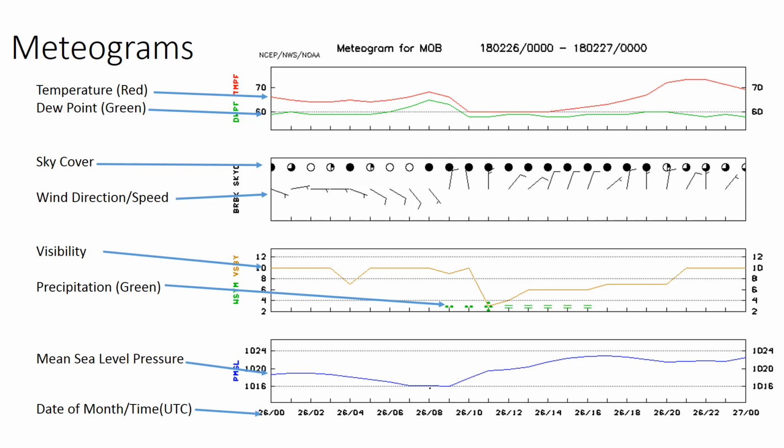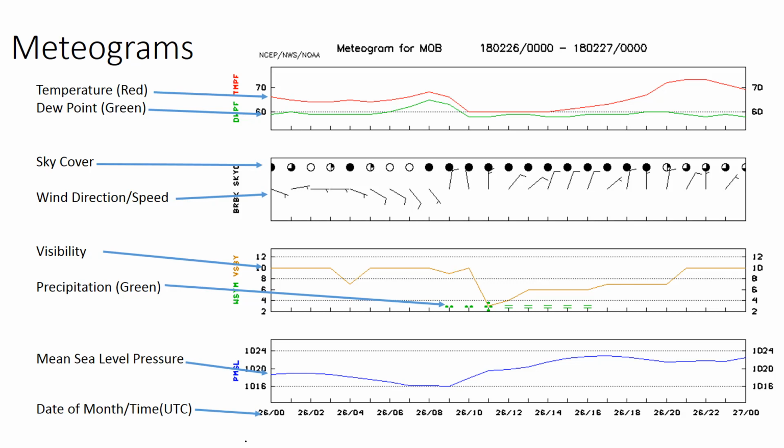And then the last thing I want you to see here is what these values down here represent. This is actually a date and timestamp. The first number, to the left of the slash, is the 26th. That's the date of the month.